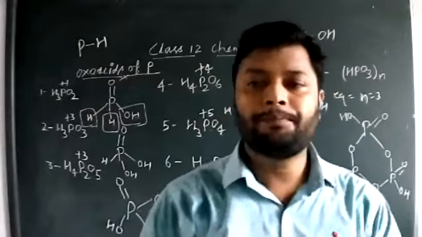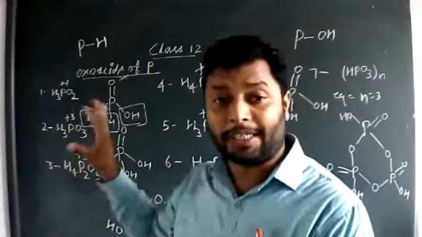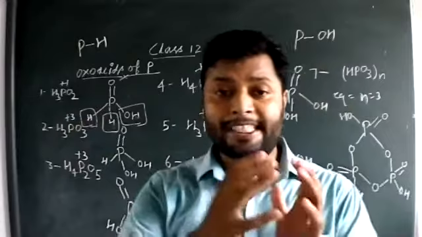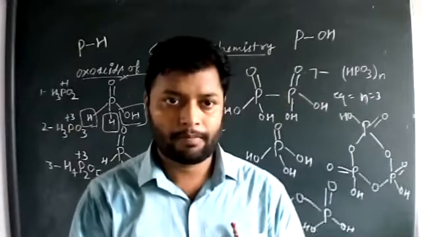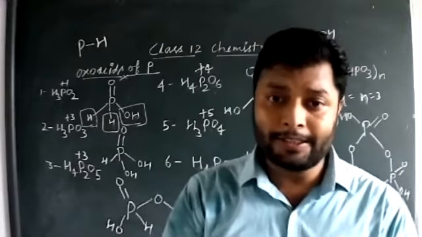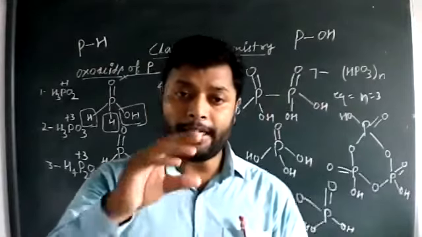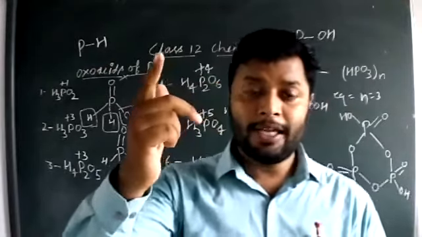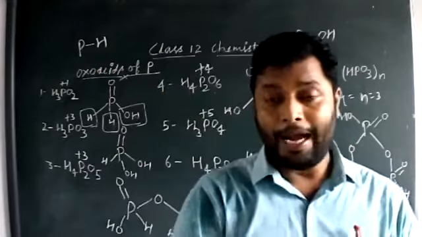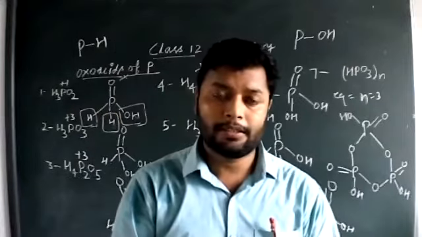Now one more type of question is associated with this type of structures, and that is the tendency of disproportionation. Whenever molecules have elements with an intermediate oxidation number, having the tendency to oxidize as well as reduce simultaneously, this tendency is called disproportionation tendency.